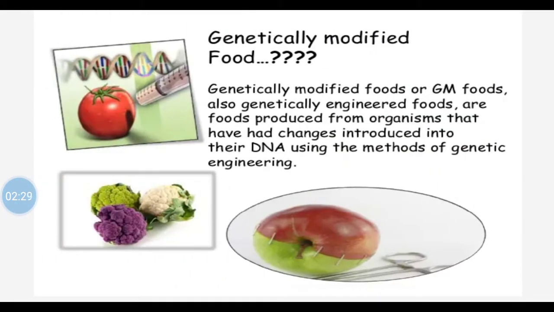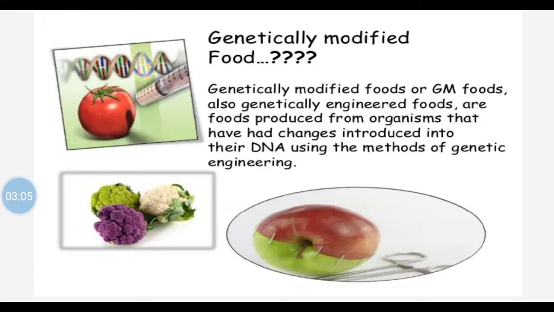What are genetically modified foods? Now genetically modified foods, or we can call them GM foods also, they are genetically engineered foods. They are produced from organisms that have had changes introduced into their DNA using methods of genetic engineering. So here the genetic modification is done into the food material, isn't it?